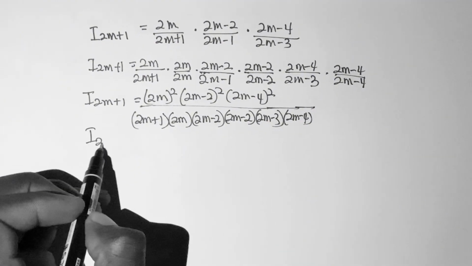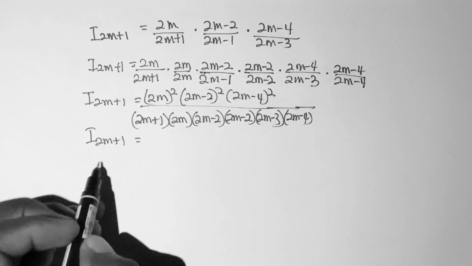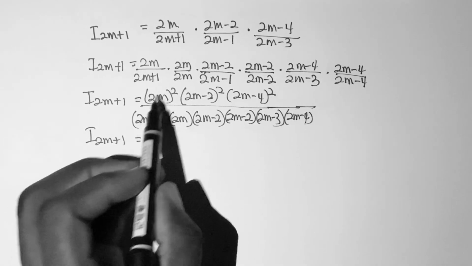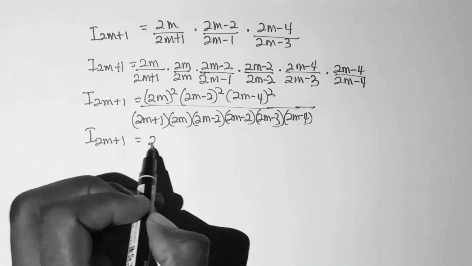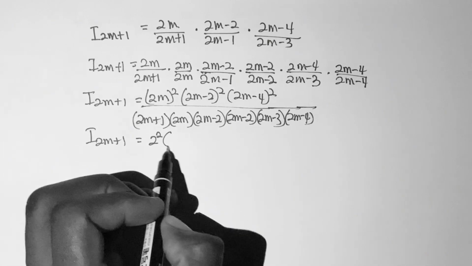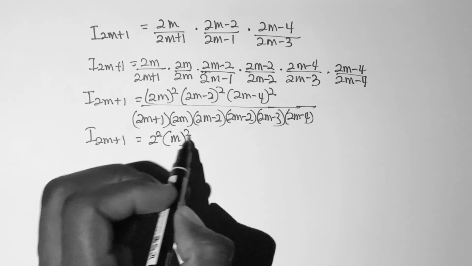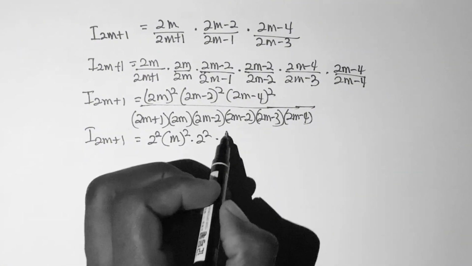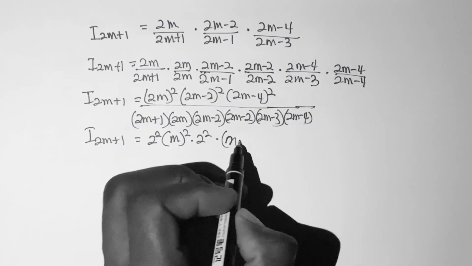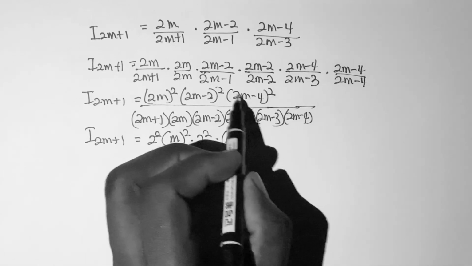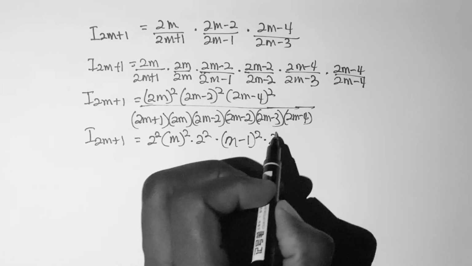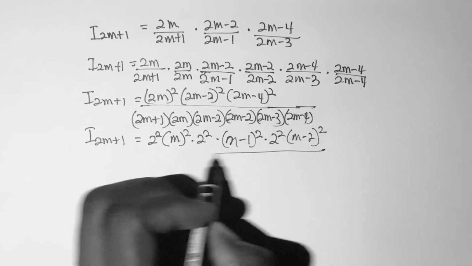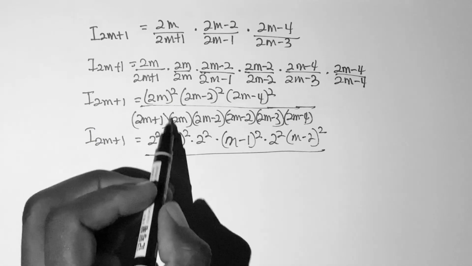Now let's factorize 2 out. If you pull 2 out, it becomes 2 squared times m squared, times, if you pull 2 out here, 2 squared times m minus 1 squared, and if you pull 2 out here, 2 squared times m minus 2 squared, divided by, now here is 2m plus 1.